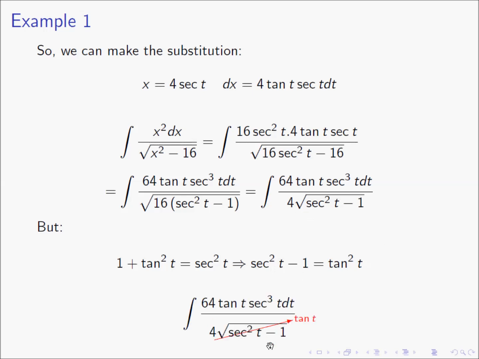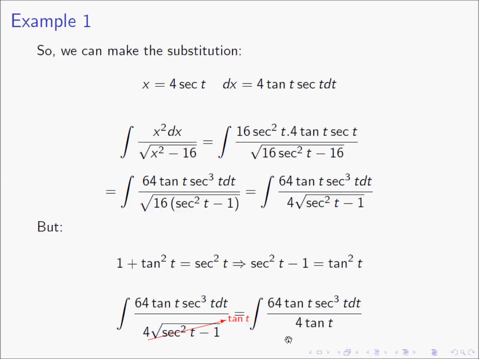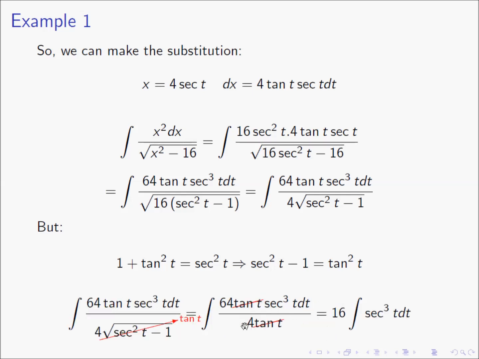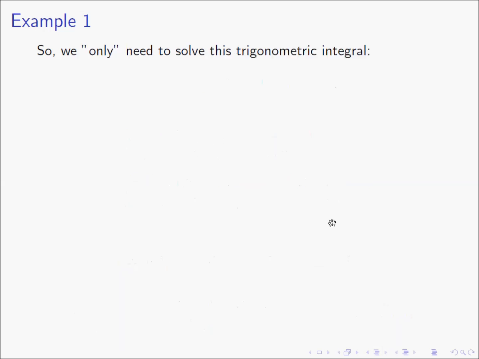So we can replace the square root by tangent of t, and we have a tangent of t also in the numerator, so it cancels out. And 64 divided by 4 is 16. So we get 16 times the integral of secant cubed of t dt.